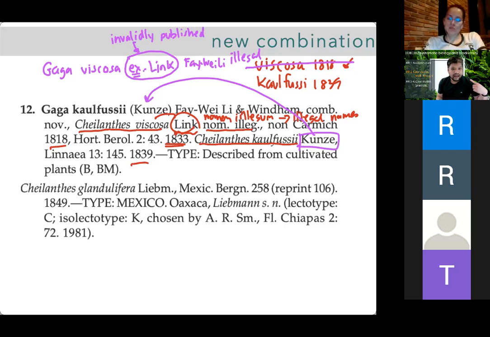So Kunz could just have used Viscosa, but he decided to go with the new name. He decided to give a completely different name, and that name became the better name. So Fairville decided to go with the more correct name instead of using the wrong one and using X. I mean, it's a different decision and judgment to be used.